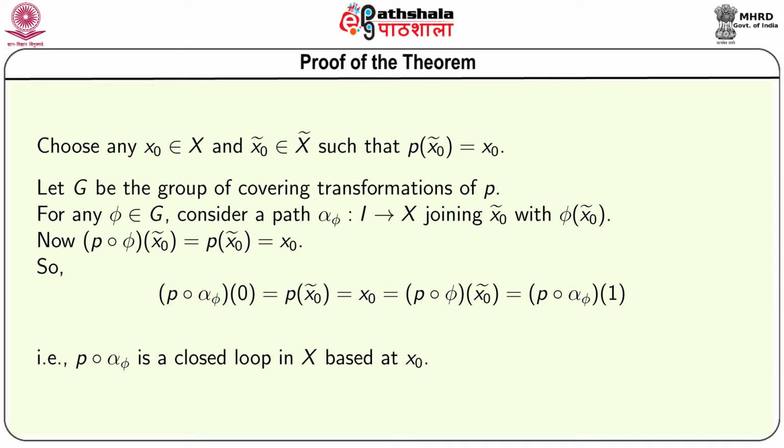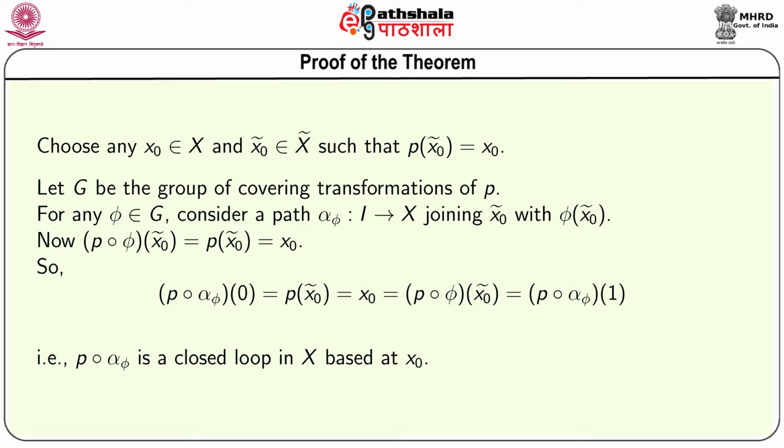Let G be the group of covering transformations of P. For any phi belonging to G, we consider a path alpha phi from I to X x tilde joining the points x0 tilde and phi of x0 tilde.